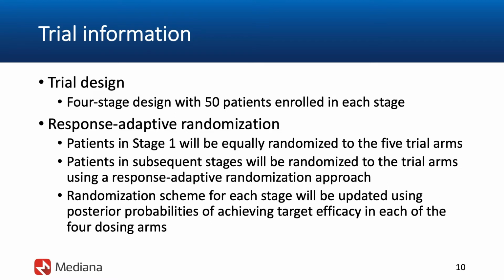And the goal here would be to utilize a Bayesian approach. That's why we see here a reference to posterior probabilities, and we would then like to assign most patients to the most effective doses.